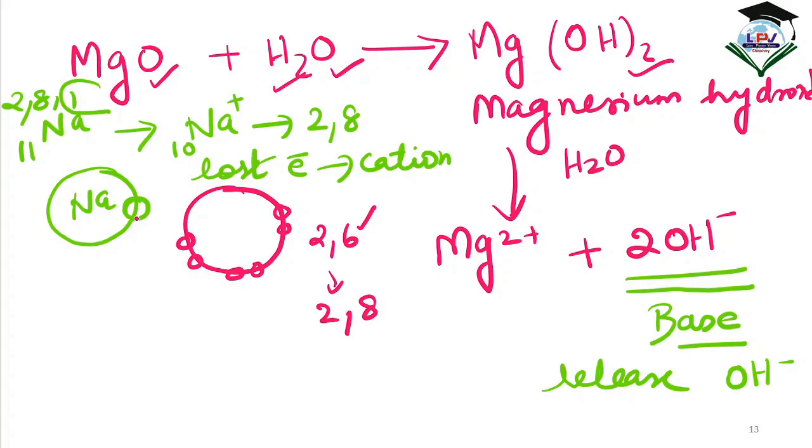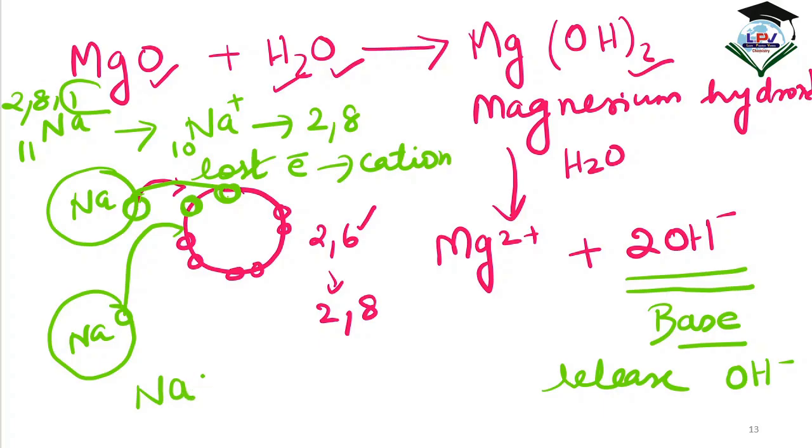Now this sodium transfers its 1 electron, but 1 electron is not sufficient. So another sodium gives its electron as well. Now there are 2 sodium atoms which give 2 electrons. Hence Na2O is formed.